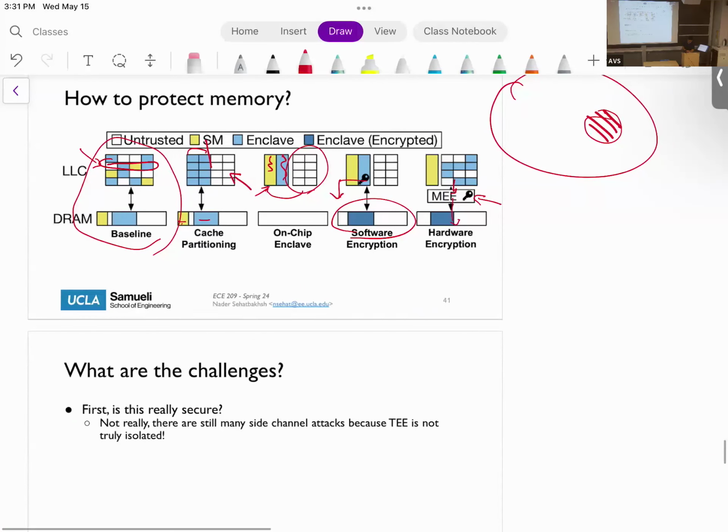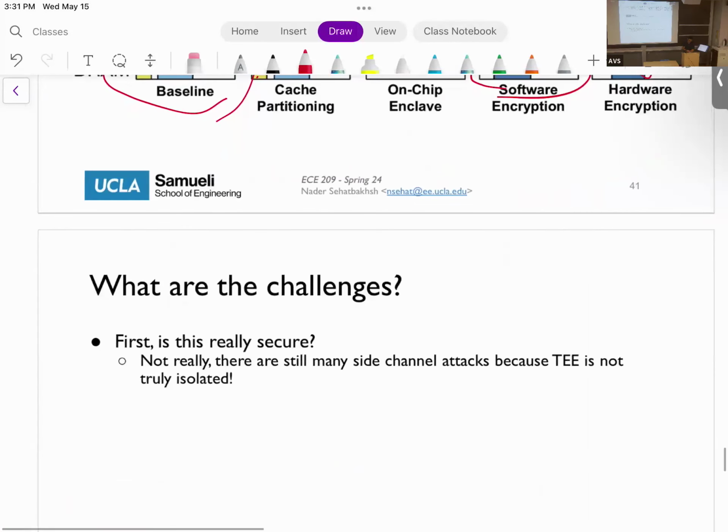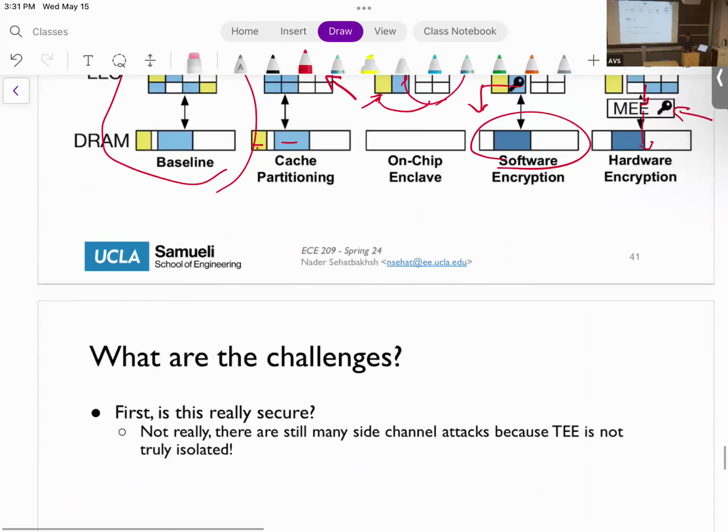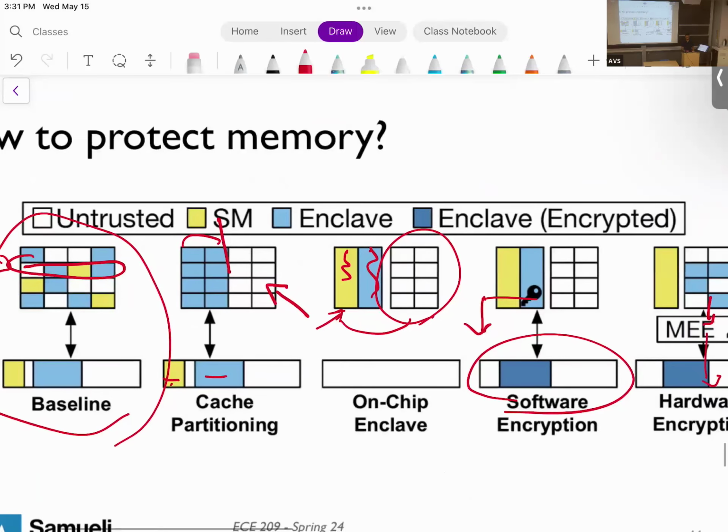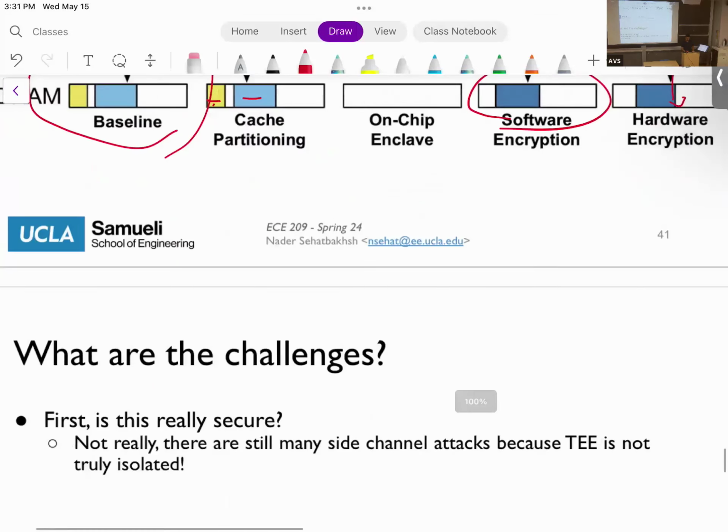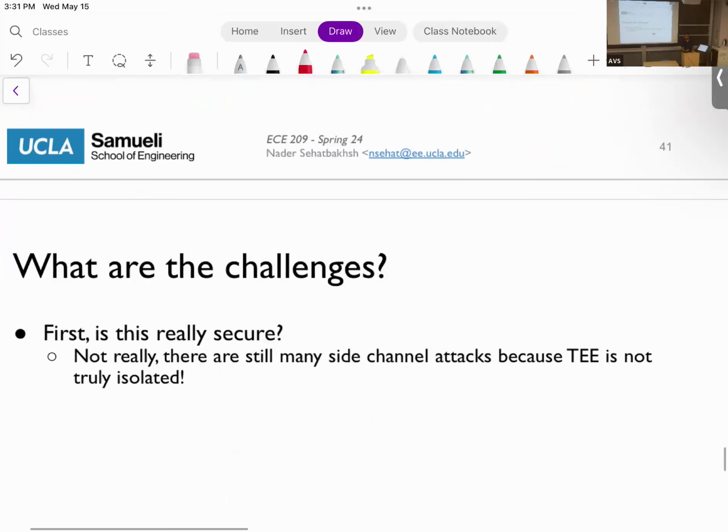All right, so there are some challenges, of course. I think we had this discussion. The first question is, is this really safe or not? Are we really fixing some problems? Surprisingly, there are still some side channels attached to the trusted execution environment itself. People have shown that if you don't do this isolation properly, then there will be attacks.